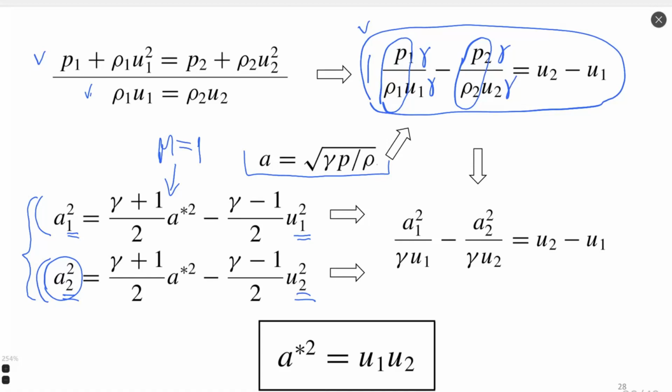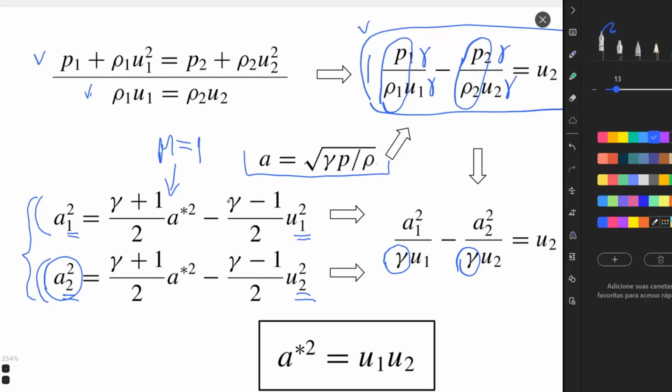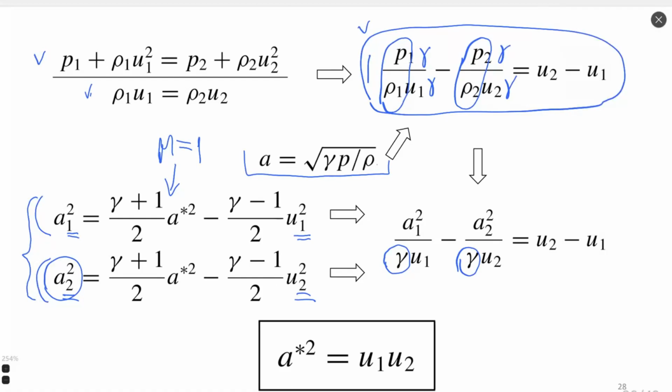Now we can separate a squared, the speed of sound squared, and just gamma will remain in the denominator right here. Gamma stays, and I will choose probably another color and separate speed of sound.